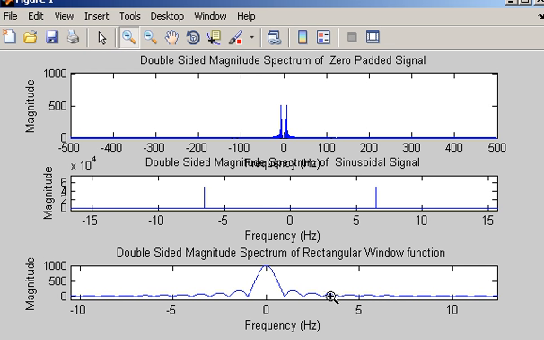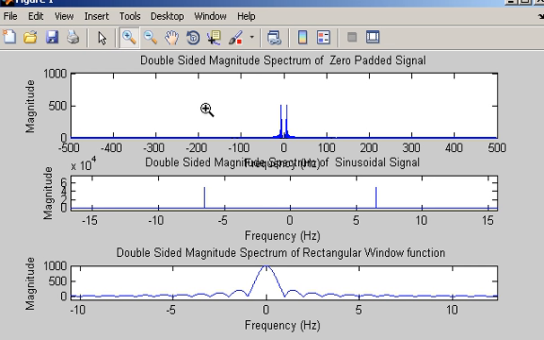Now what's happening here is the following. First of all, cast your mind back to the figure that I had up a few moments ago, which showed a sinusoidal waveform in the middle being multiplied by a rectangular window function at the bottom to produce a zero padded waveform at the very top.